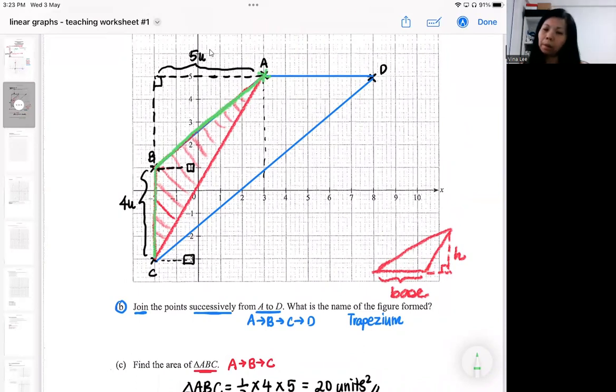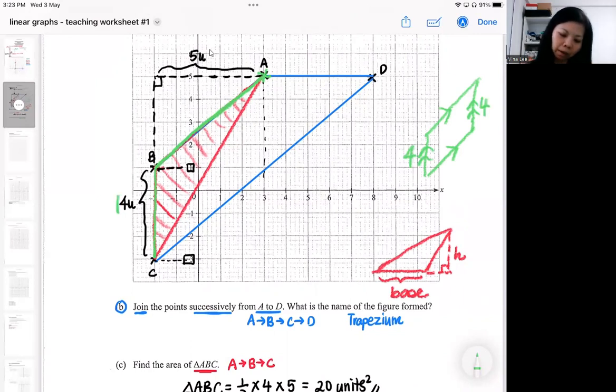Then if I want to make it a parallelogram, how does my E look like? You got to remember the feature of a parallelogram. How can I make it into a parallelogram? It should look like this, right? In a parallelogram both pairs of sides are parallel, and it should be 4 units.